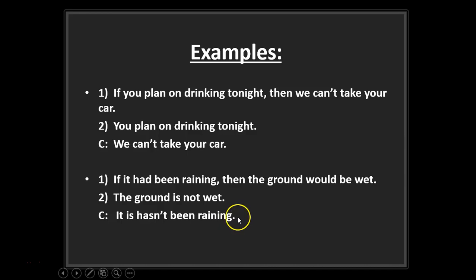Important here, if you're going to spot these, is you're looking for this if-then statement, and then you're looking for another premise that either affirms or denies the antecedent or consequent, and your conclusion, right? And what's going to be important for right now is that you just recognize these things.